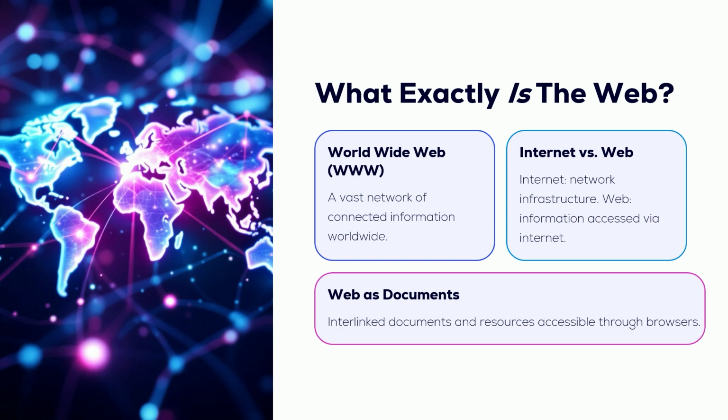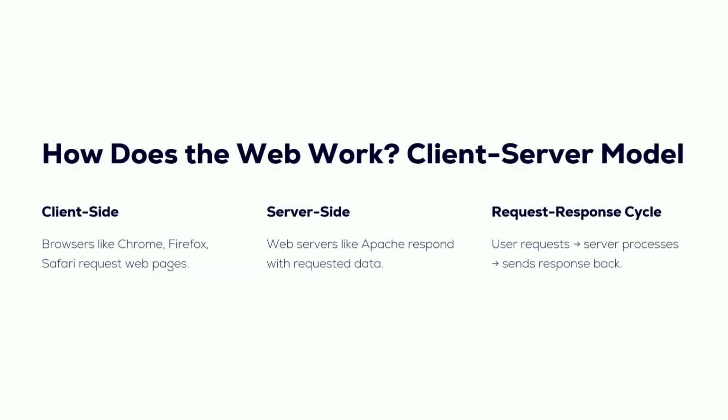How does the web work? The web works in a client-server model. A client side is what you have on your phone or computer. This is the browsers, like Chrome, Firefox, Safari. It doesn't matter the browser you're using.